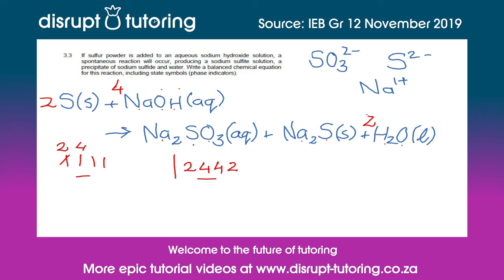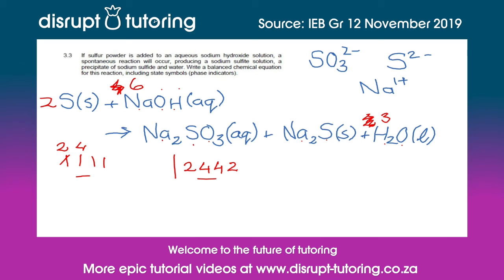So let's, instead of saying 2, let's just say 3. If we multiply H2O by 3, that means we now have 6 hydrogen atoms and also 6 oxygen atoms on the right-hand side of the equation. Then if we look at the left-hand side of the equation, we can get 6 hydrogen and 6 oxygen atoms by multiplying NaOH by 6.